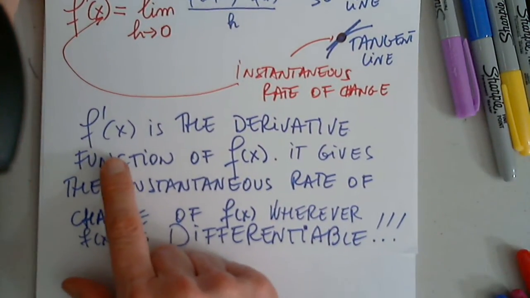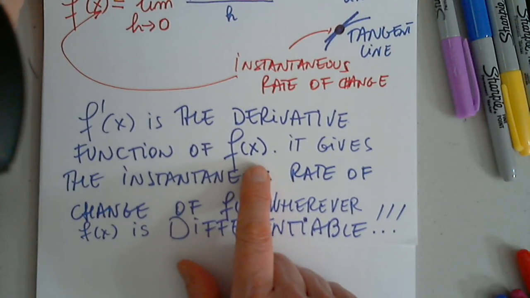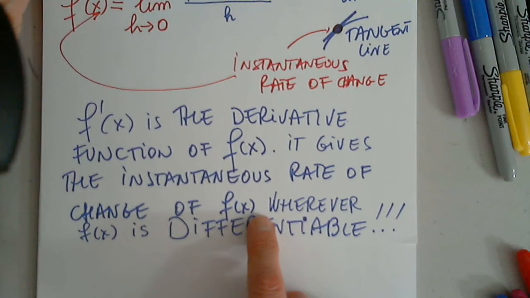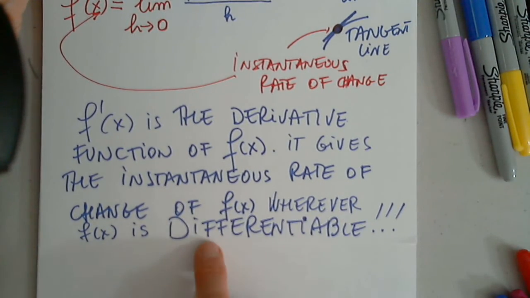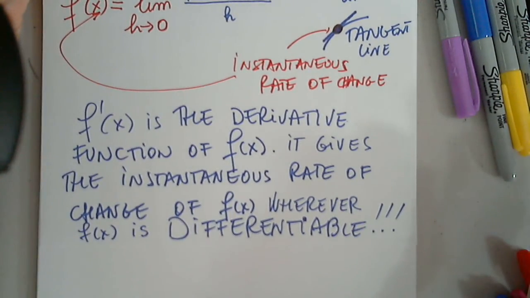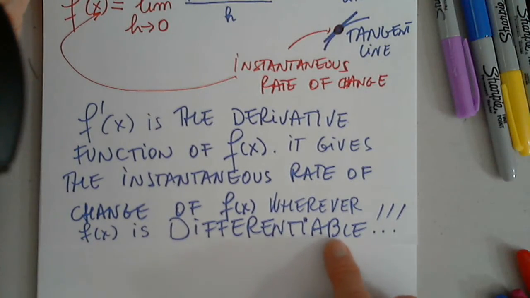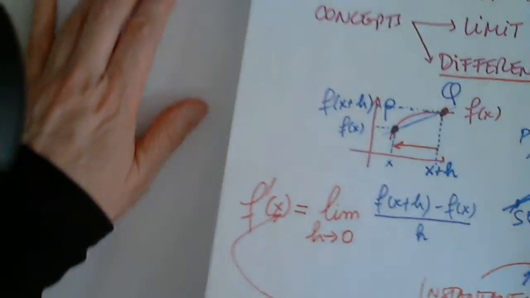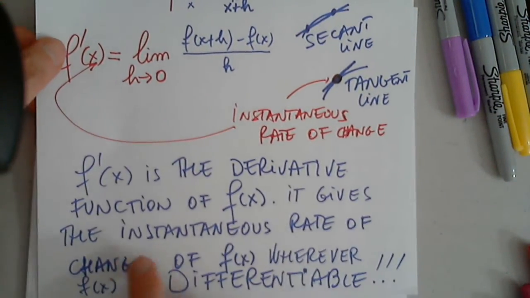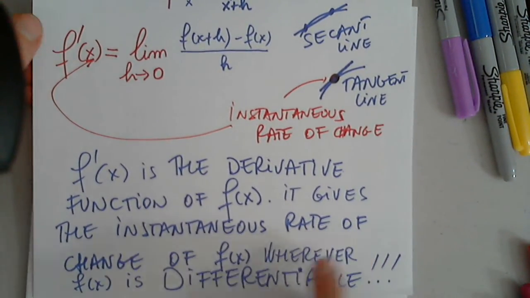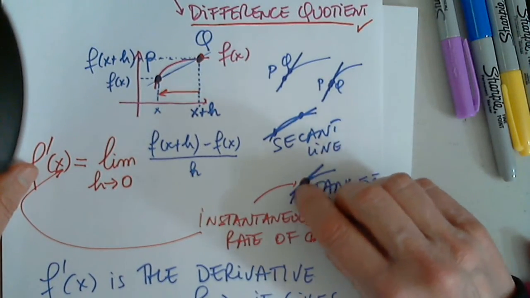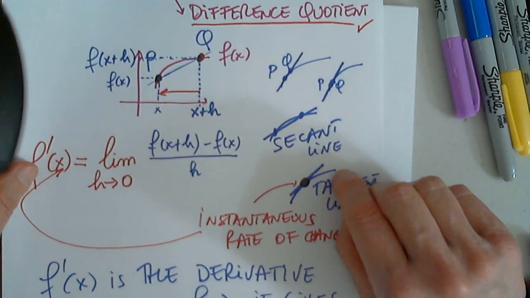So one more time, f prime is the derivative function of f of x. It gives the instantaneous rate of change of f of x wherever f of x has a rate of change, or we say it's differentiable. In other words, it also gives the slope of the tangent line at any point.